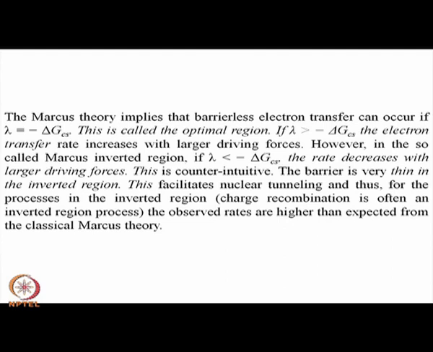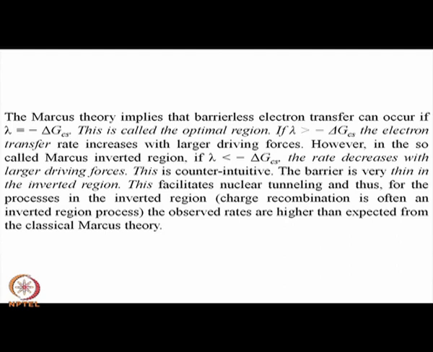If lambda is greater than minus delta G CS, the electron transfer rate increases with large driving force. However, in the so called Marcus inverted region, if lambda is less than delta G CS, the rate decreases with larger driving force, and this is counterintuitive.